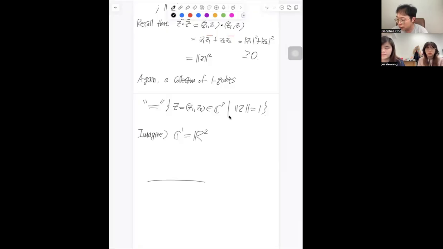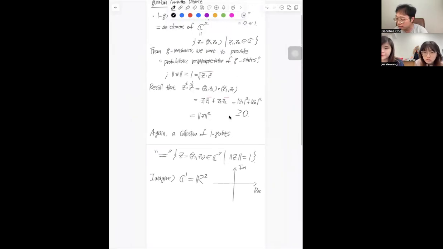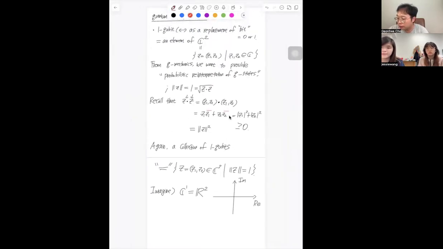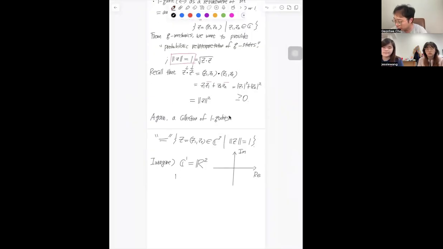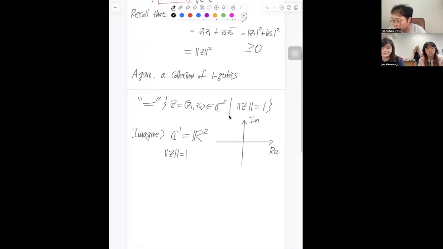Let me draw the picture here. Let's draw the plane so that you can assume the x-axis corresponds to the real part, and the y-axis corresponds to the imaginary part. And the quantum mechanical point of view should make this condition for the probabilistic interpretation. So let's also make our norm here equal 1. What does that mean in the picture? It just means the unit circle.